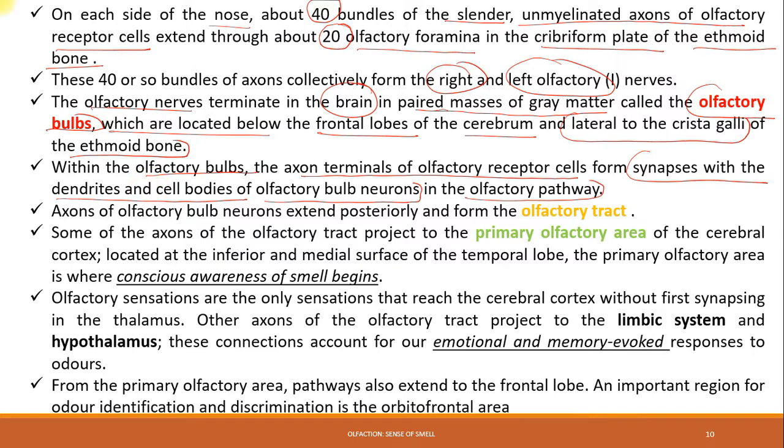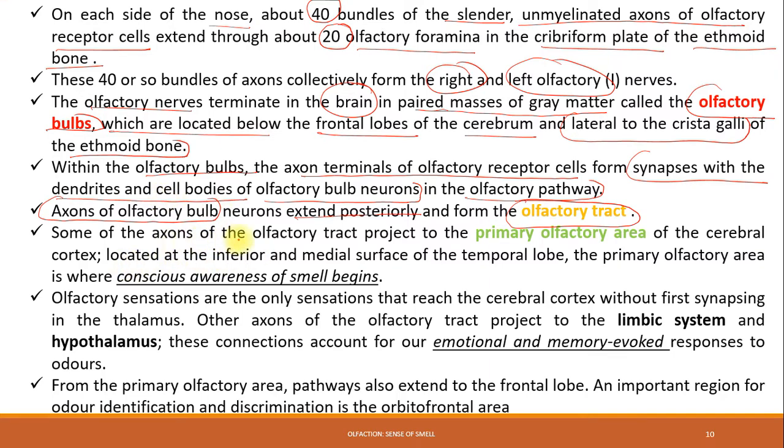One part of the olfactory receptor cell is responsible for making contact with the odorant molecule, and the other end makes contact with the olfactory bulb neurons. Axons of the olfactory bulb neurons extend posteriorly, that is to the back, and form the olfactory tract. So the olfactory tract is made up of axons of the olfactory bulb.